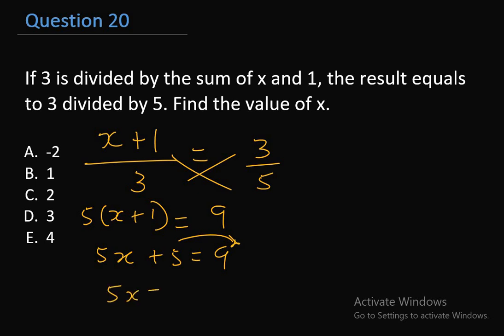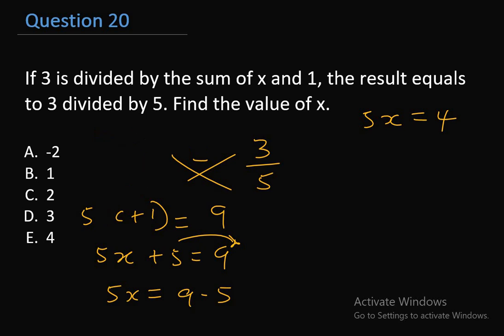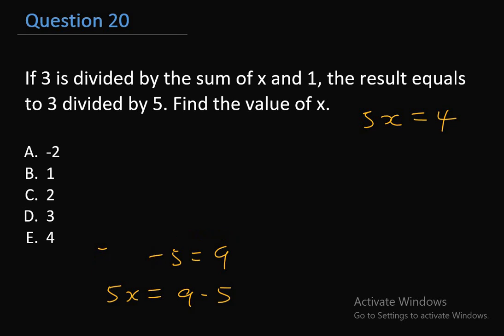You have 5x equal to 9 minus 5. Sorry, I think I actually made a mistake here. So I'm going to take this again. Sorry about that. I think I did it the wrong way.